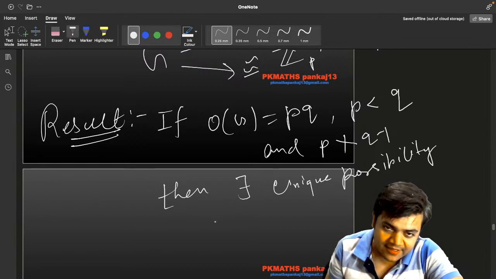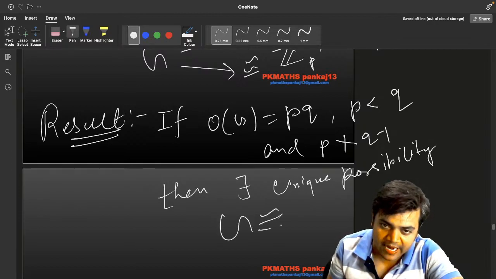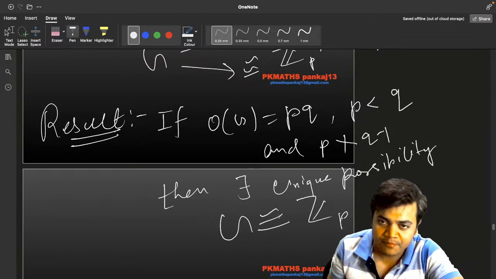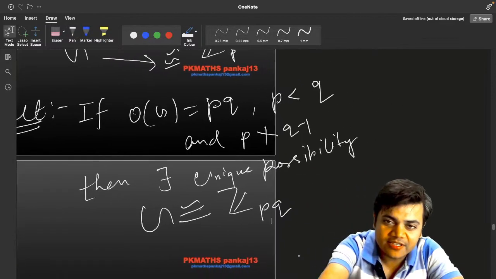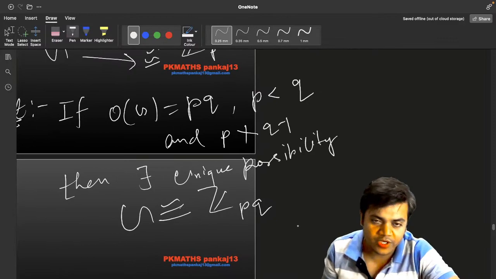And what is that? Certainly your G is isomorphic to ZPQ.